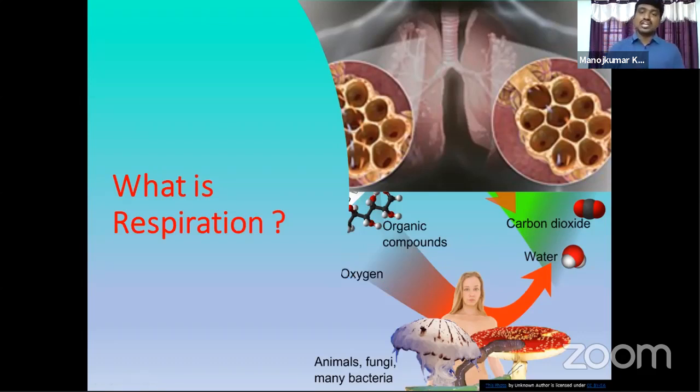And this oxidation of food releases energy. Along with energy, carbon dioxide and water are also released. This is how we get energy to perform various life activities. Even our cells constantly require this energy to perform their cellular metabolism, isn't it, students?